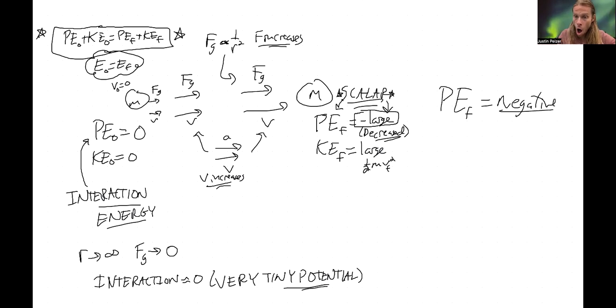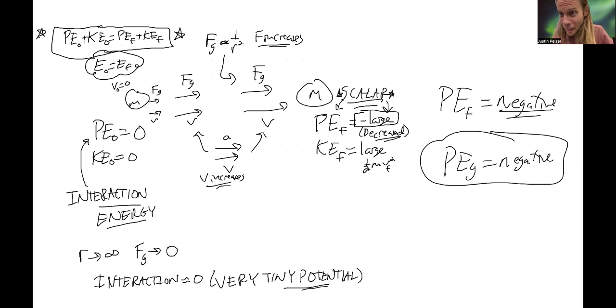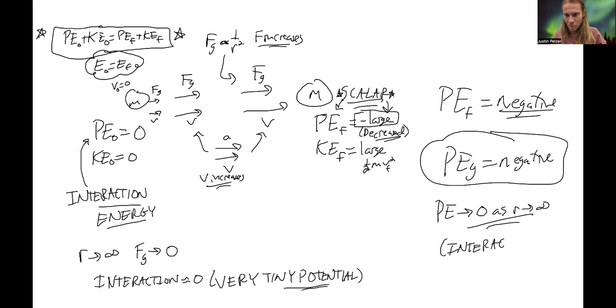In fact, all potential energy of gravity is negative for this reason. Because this applies to any circumstance. It approaches zero as R approaches infinity, because then the INTERACTION goes to zero.